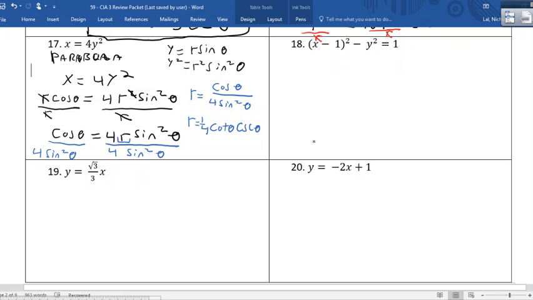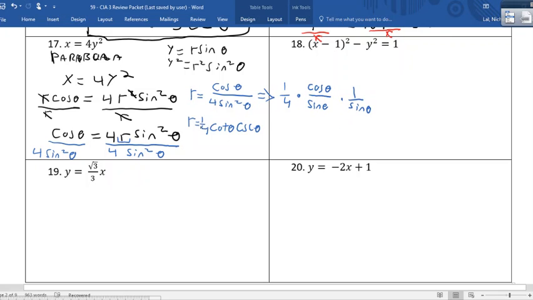All right. Let me write this out here. So to expand, what I'm really doing is I could rewrite this as 1/4 times the cosine of theta over the sine of theta times 1 over the sine of theta.